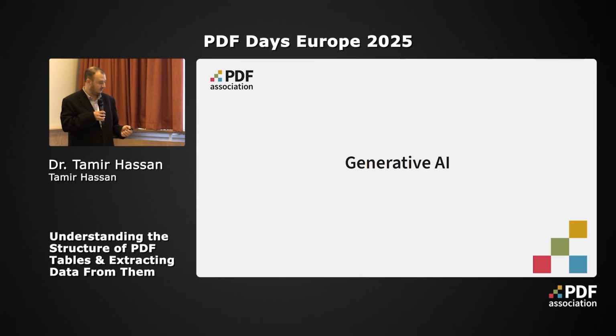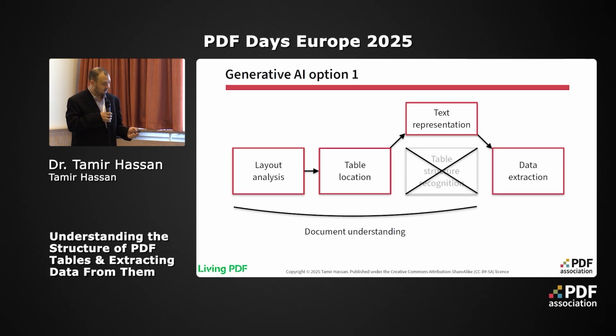And there are various ways that we can use a generative AI to extract information from a document. Up to maybe a year ago, what we've been working on is basically we've still located the tables using the methods that we explained before, but then instead of trying to detect the columns and rows, we converted a table to text and then prompted the AI system to extract the data.